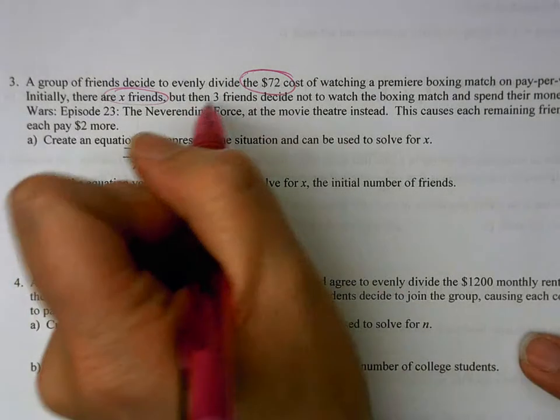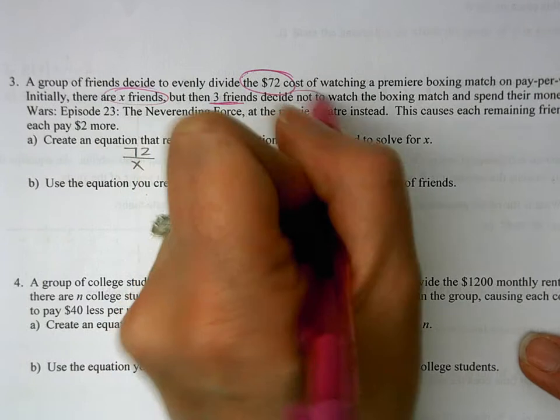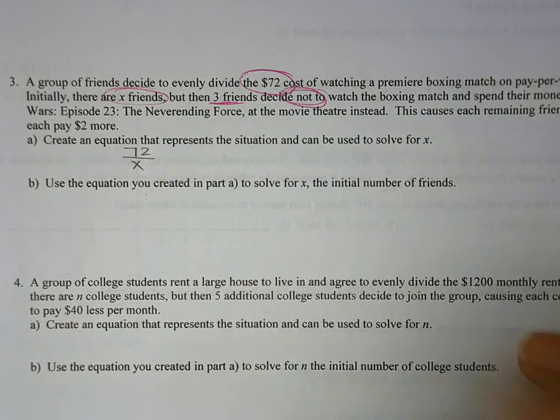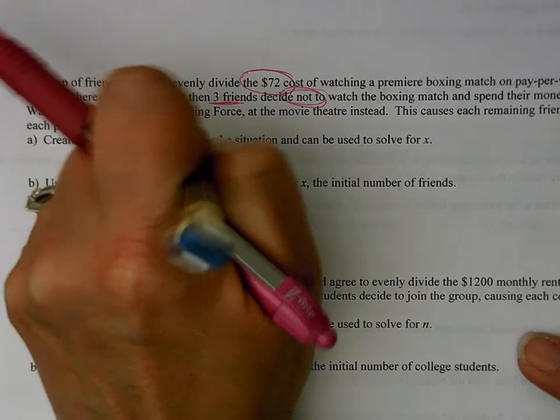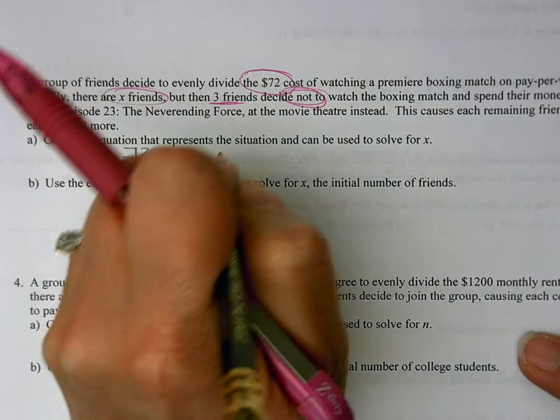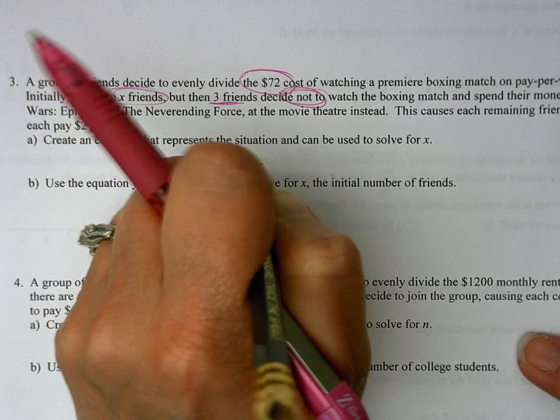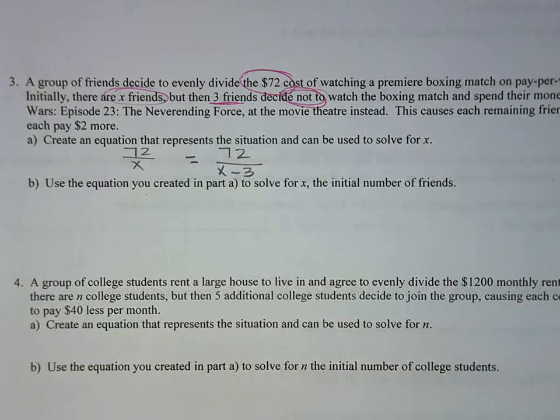And then 3 friends decide not to watch, so there's going to be 3 less friends. They would have had the $72 cost, and then they would have to take 3 friends away from that amount.